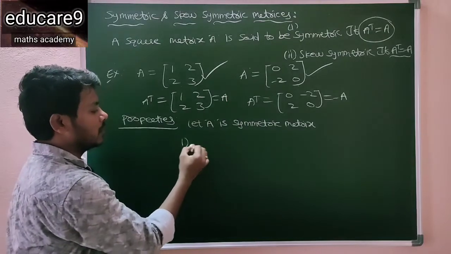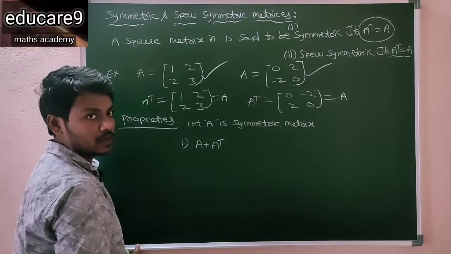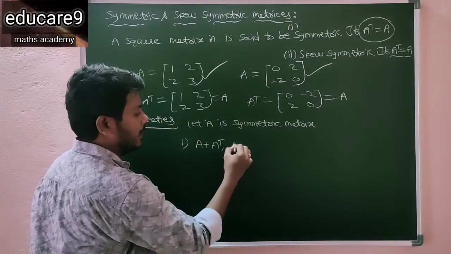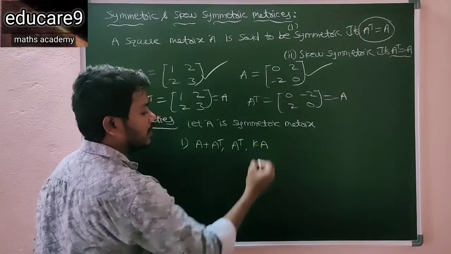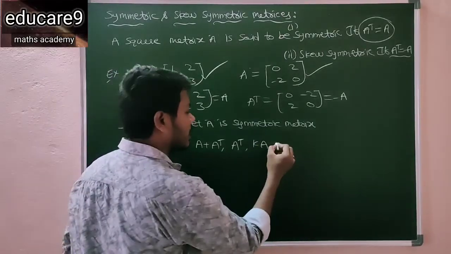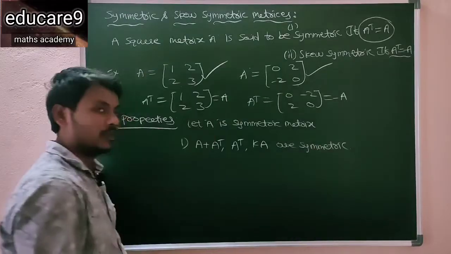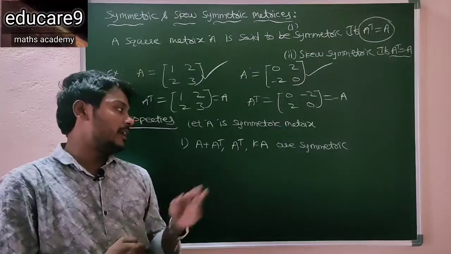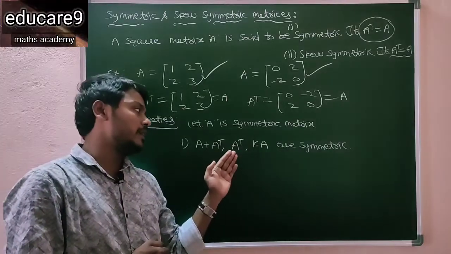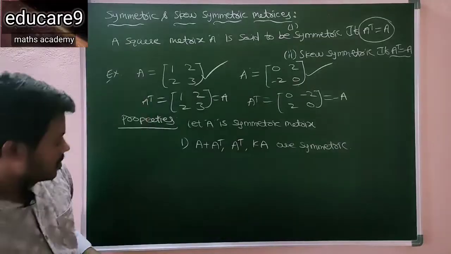So first one: A plus A transpose, A transpose, and K into A are symmetric. Here A is any symmetric matrix, then clearly A plus A transpose and KA are symmetric matrices.